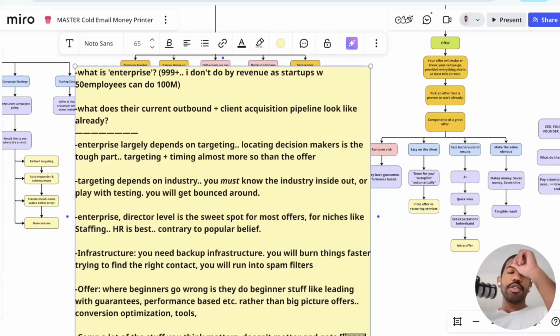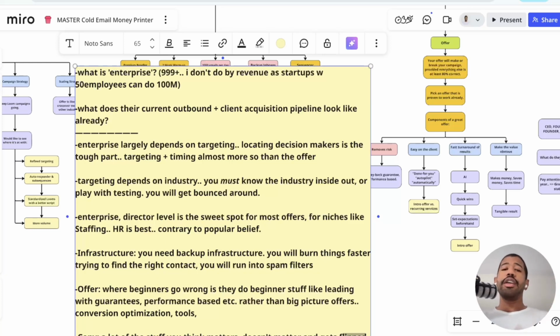With enterprise, you can categorize it by revenue. You can categorize it by number of employees. I don't typically categorize enterprise by revenue, as startups with 50 employees or even 20 employees can do over $100 million a year now. It's 2025.